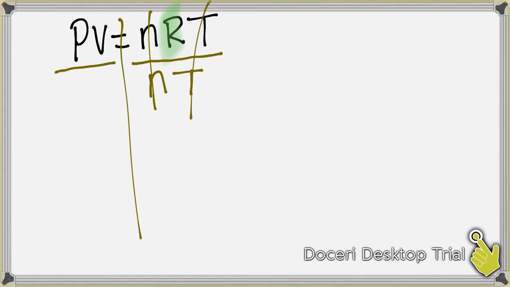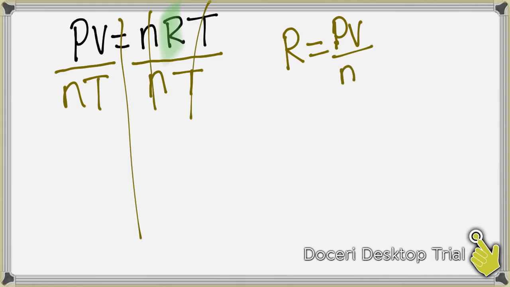And we'll divide the other side by nT. Your final answer is R equals PV all over lowercase n, capital T. That would be your final answer there.